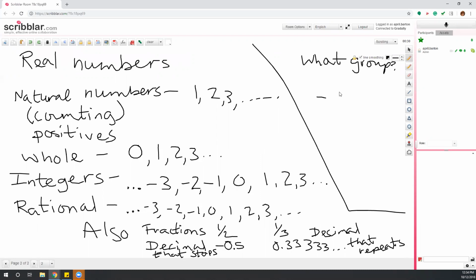If I said negative 15, what groups does negative 15 belong to? Is that irrational? It is not rational. Oh, wait, sorry, no, it is rational. Sorry, my brain just quit on me there for a second. It is rational, and it belongs to one more group.